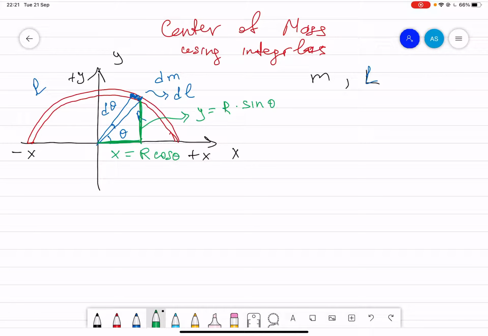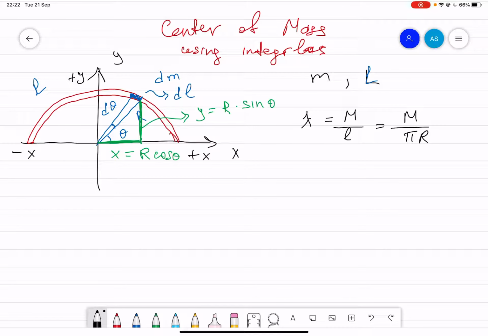Now, since this semicircle is very thin, we can say that its linear density lambda is equal to the total mass divided by the total length. Since it's a semicircle, the length is pi r.